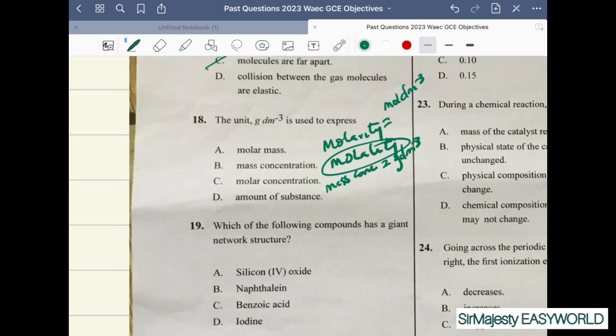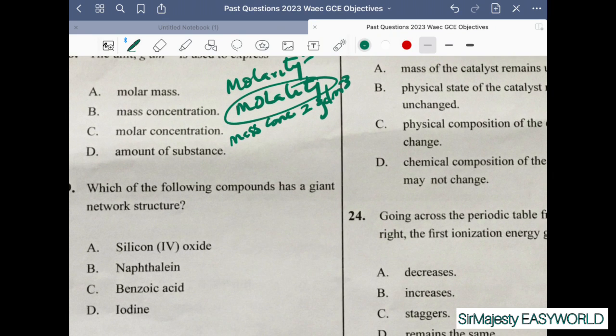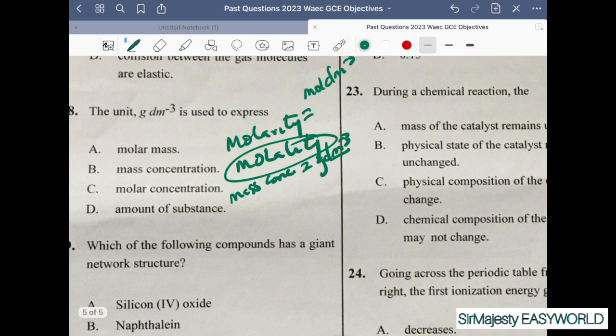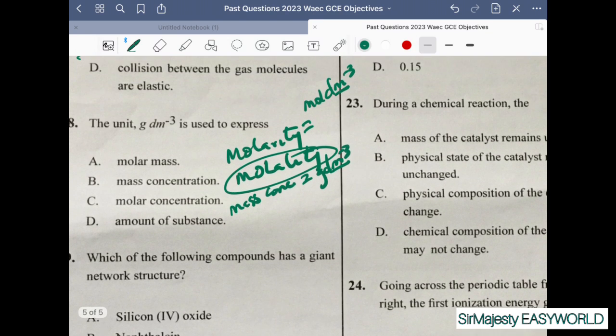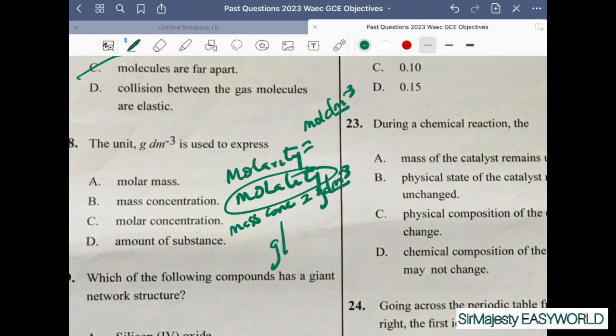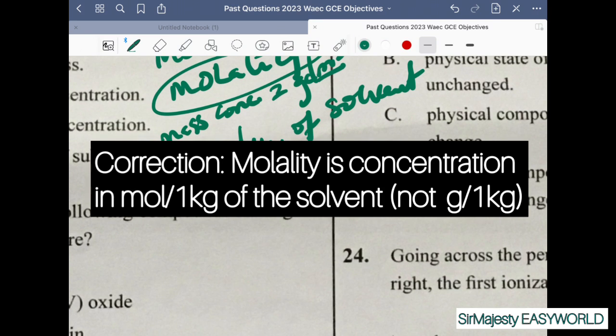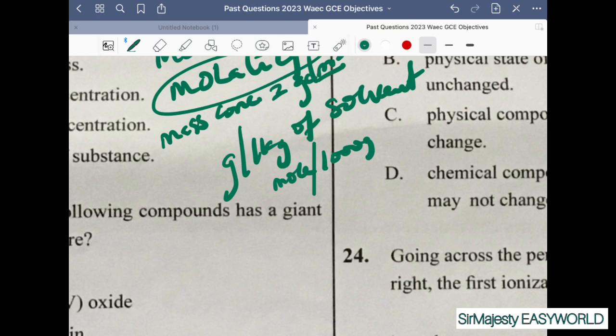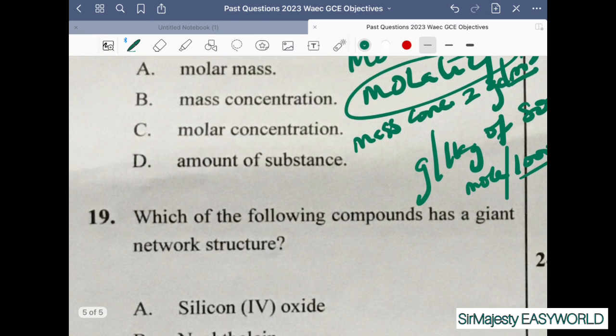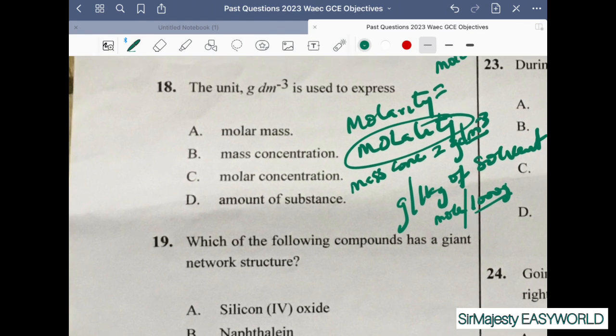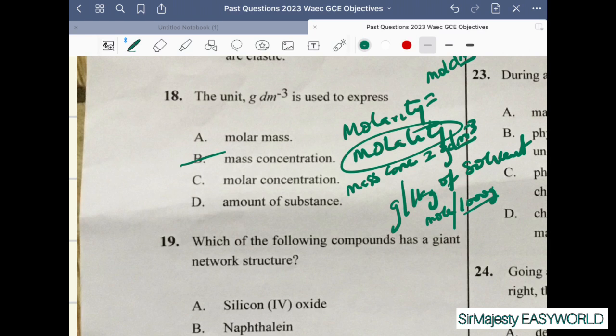They are not measuring volume this time, because dm cube is for volume, but molality is talking about the amount present in 1 kg of solvent, or you say the number of moles that are able to be dissolved in 1,000 grams of the solvent. No more dm cube, 1,000 grams of the solvent. So that's molality. Now that is it. I say option B is the correct answer, mass concentration.